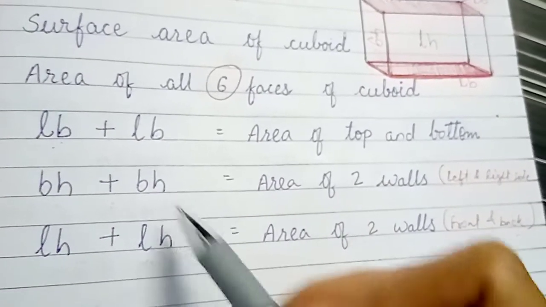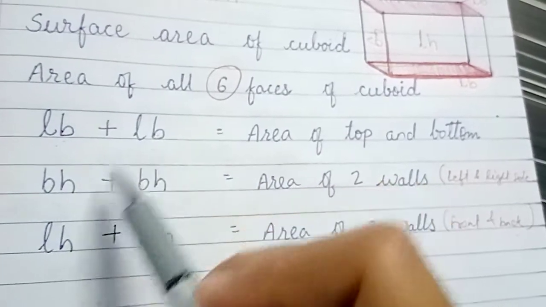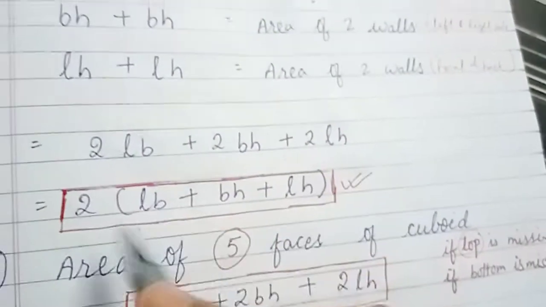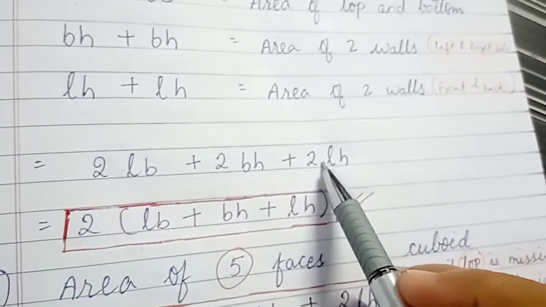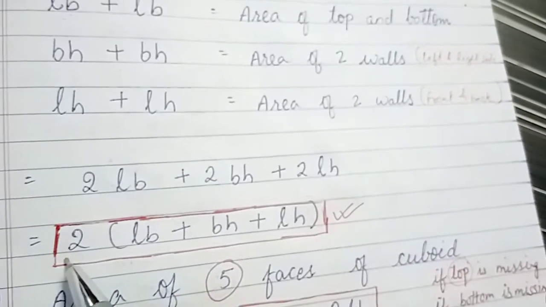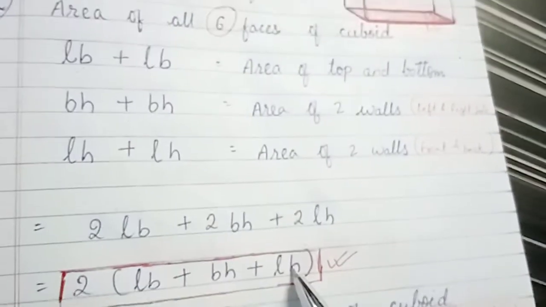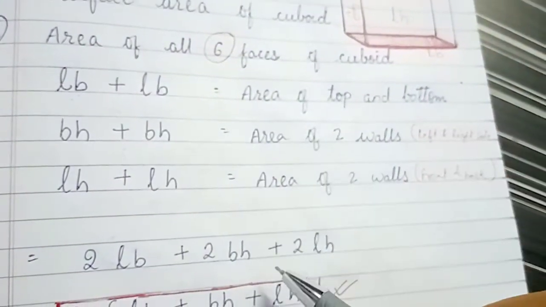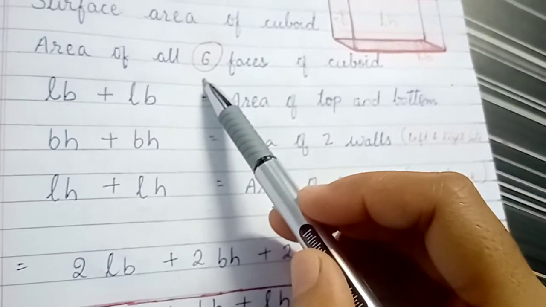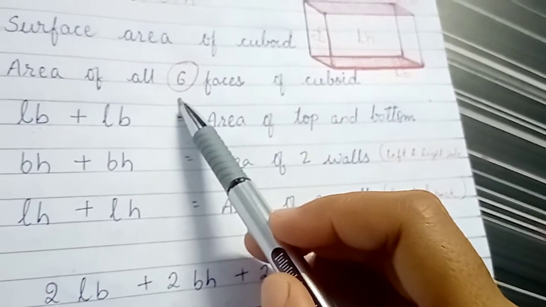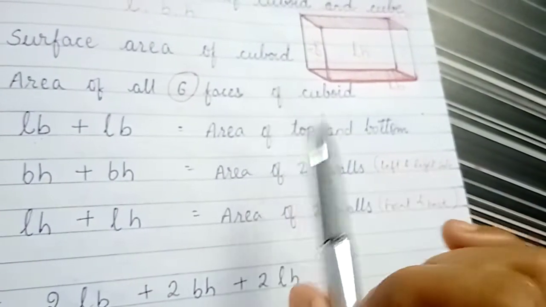So 2 times LB, 2 times BH and 2 times LH. This way. And 2 is taken out common, so 2(LB + BH + LH). This is the formula of area of 6 faces of cuboid. Understood? This is called surface area of the cuboid.